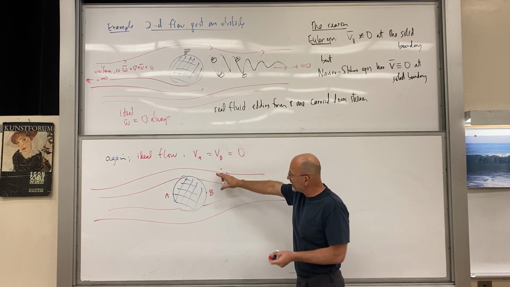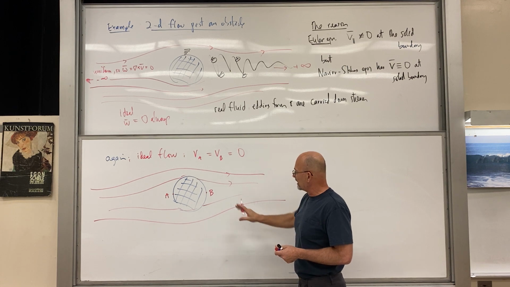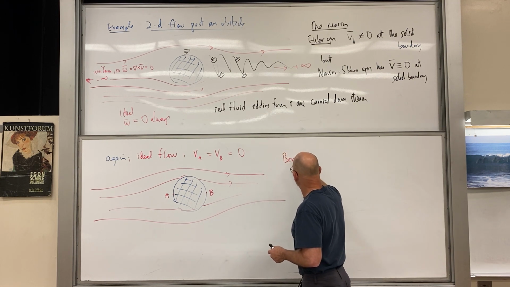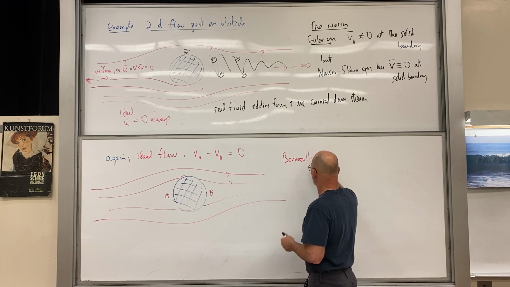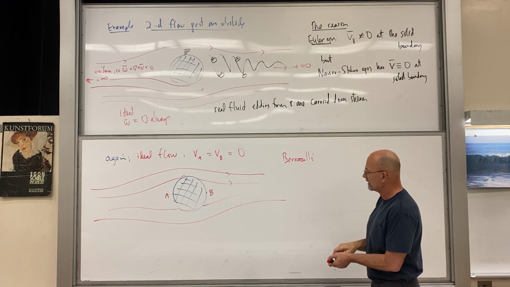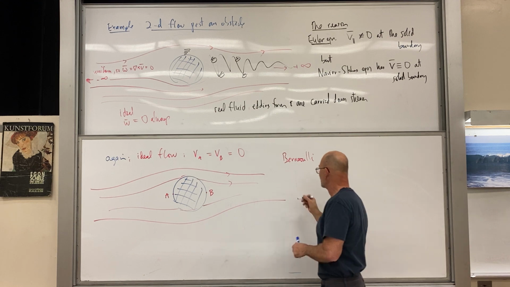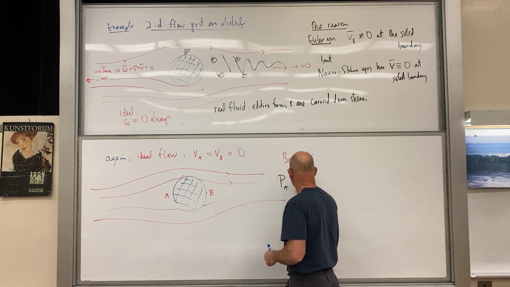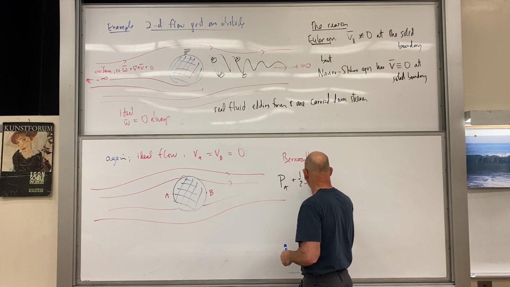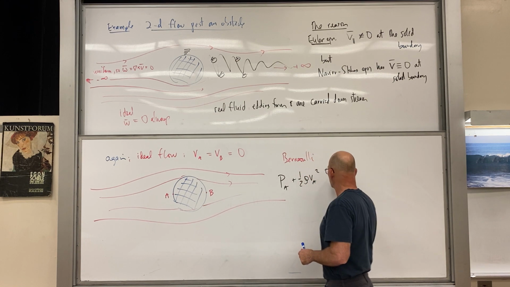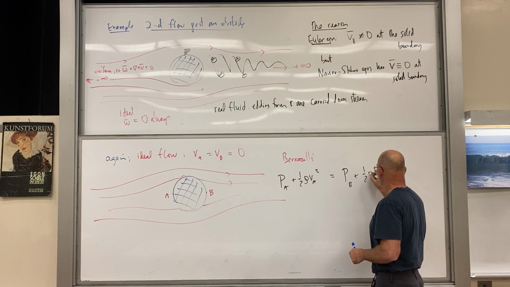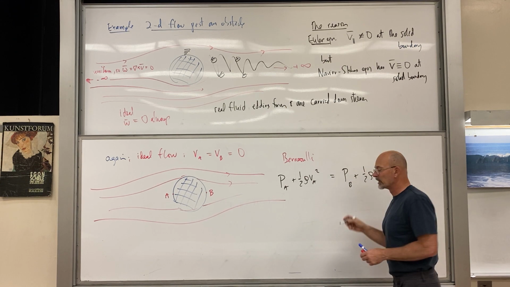There's no time dependence on these, it's a fixed picture in time. Bernoulli's going to say, let's just write it out. P sub A plus 1/2 rho V sub A squared equals P sub B plus 1/2 rho V sub B squared.